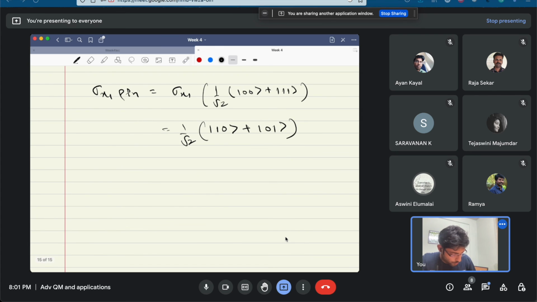Okay, now sigma y, you probably know it's given in this form. There can be minus sign here and there, sorry about that. So let's just quickly solve it out.